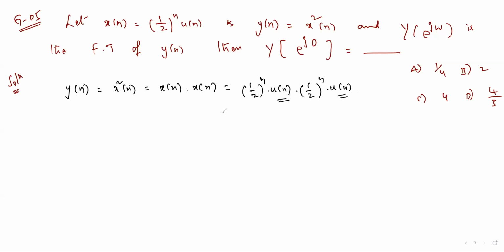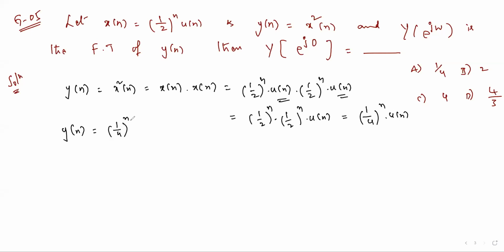So it is 1 by 2 whole power n, 1 by 2 whole power n u of n. So 1 by 2 times 1 by 2, that is 1 by 4 to the power of n u of n. So the function y of n is given as 1 by 4 whole power n u of n.